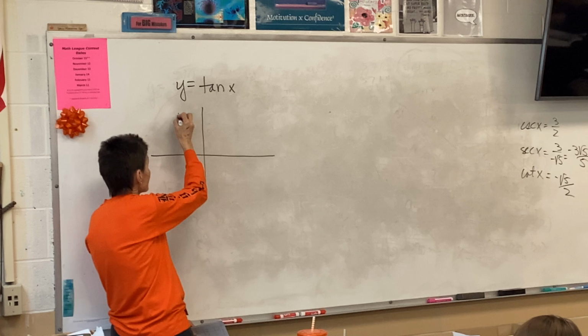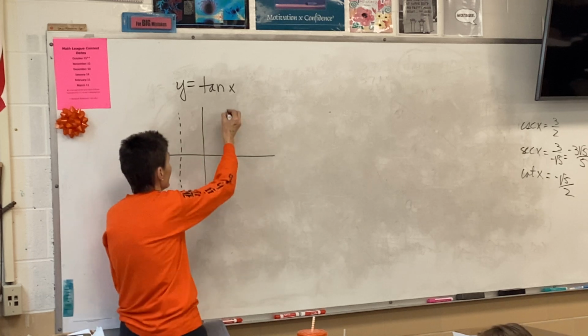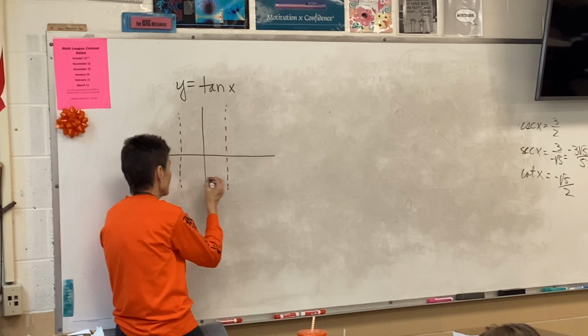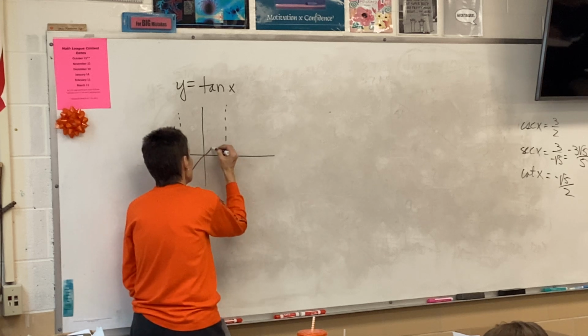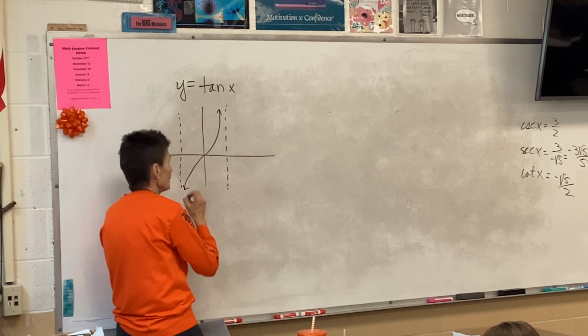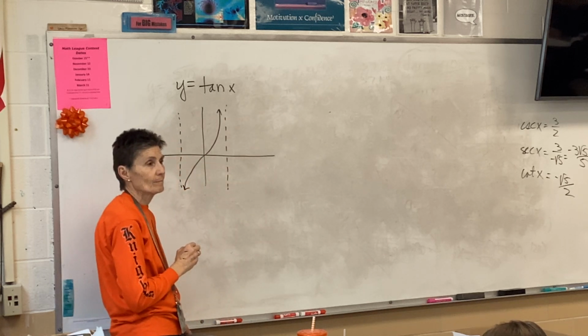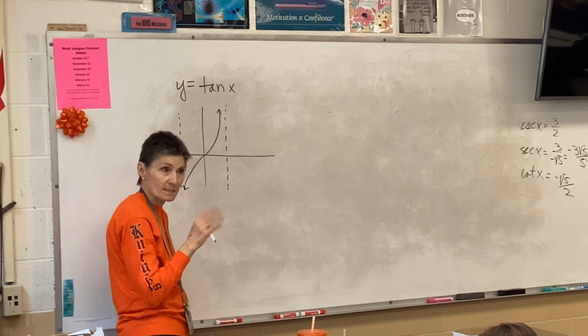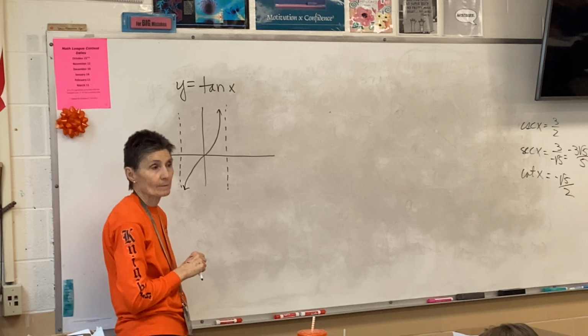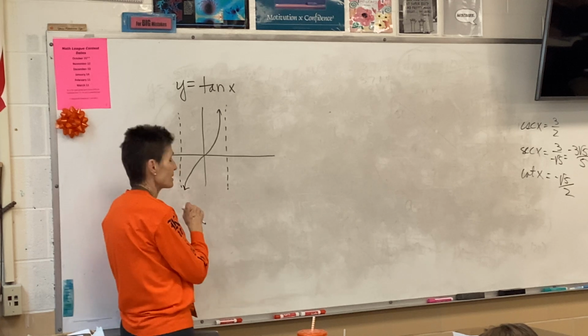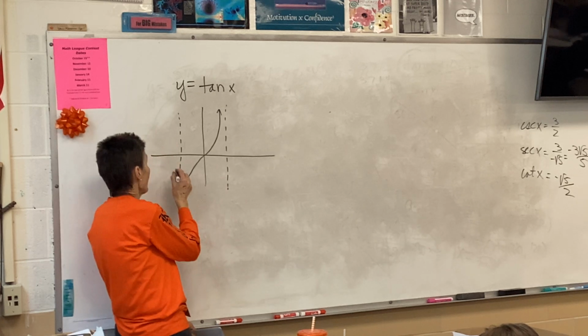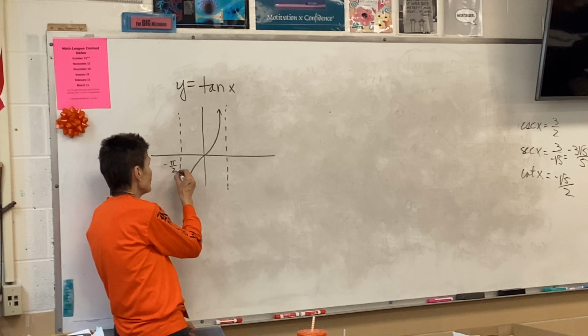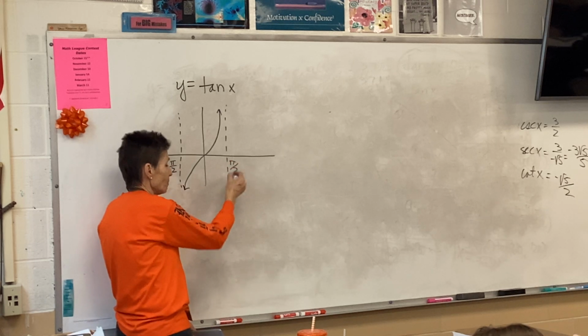It has an asymptote and an asymptote and a squiggly line up through the origin. Tangents look different than sines and cosines. The asymptotes are at negative pi over 2 and positive pi over 2.